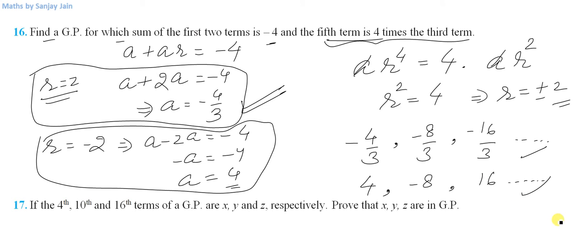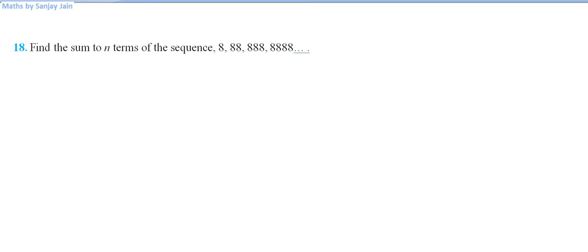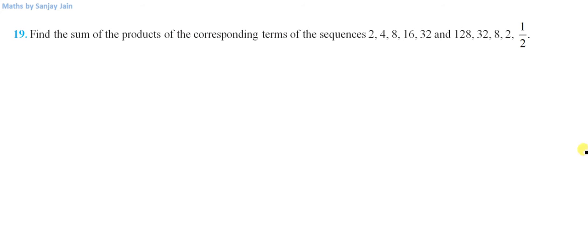Okay, now let us proceed to this question we have already done. Let us do this one. 19th. Find the sum of the products of the corresponding terms of these sequences. So there is this sequence and this sequence. We need to find the sum of the product of their corresponding terms.